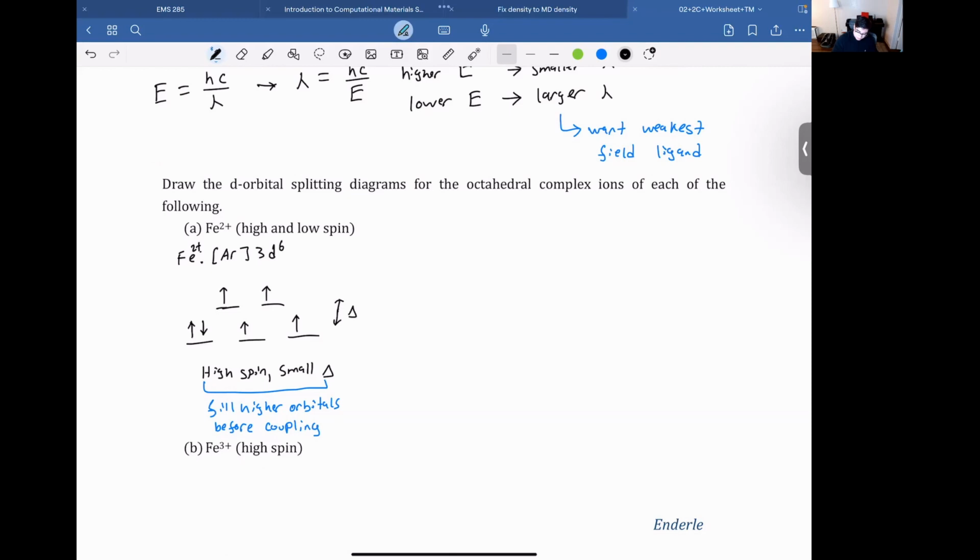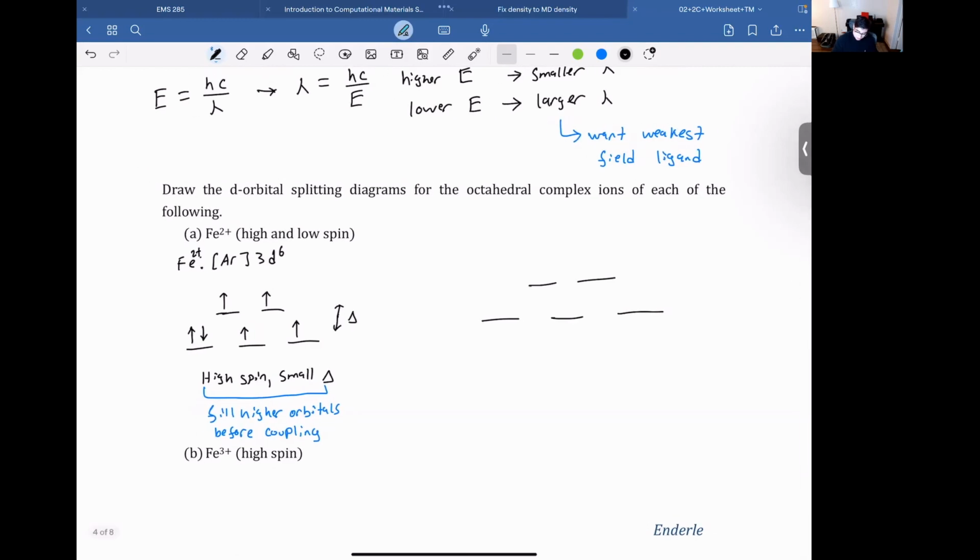Then if we do low spin, setting up the same thing, it's actually going to be the opposite. Low spin, and you have a large gap in energy. Maybe you can even put this as delta E. So here we have a low spin and a large gap in energy.